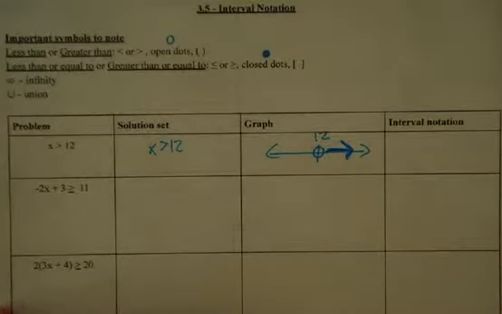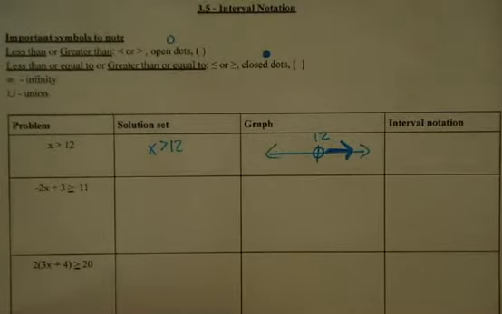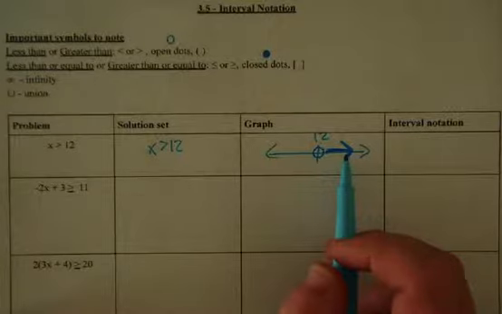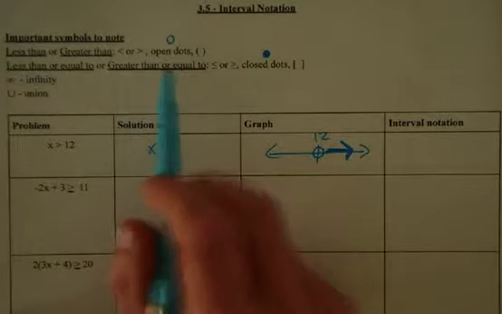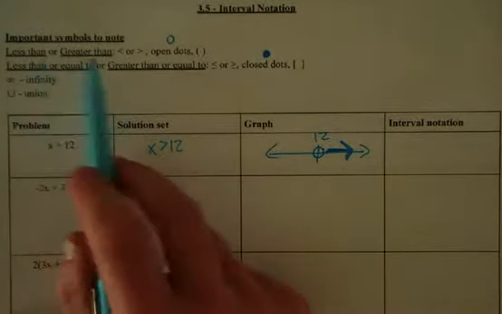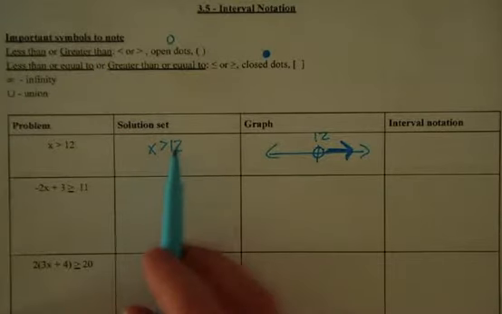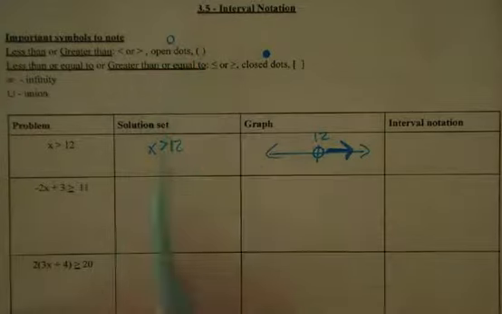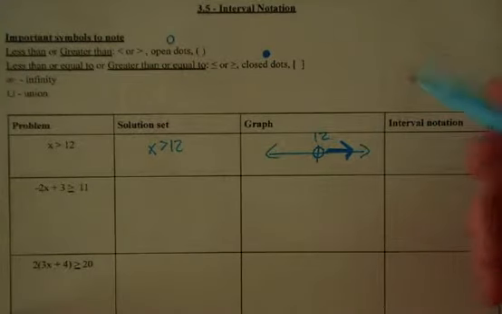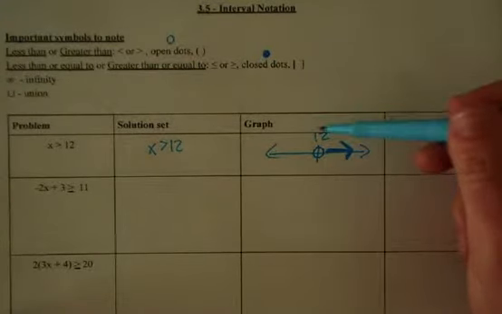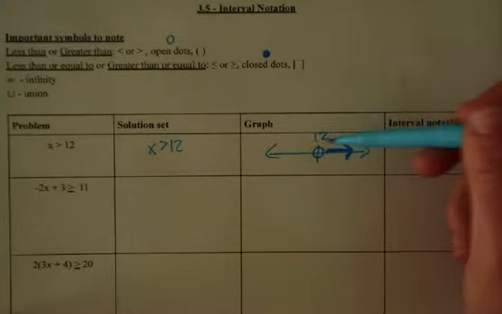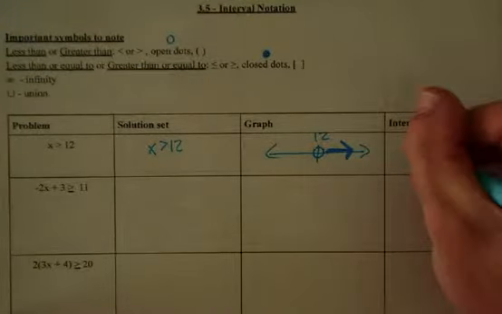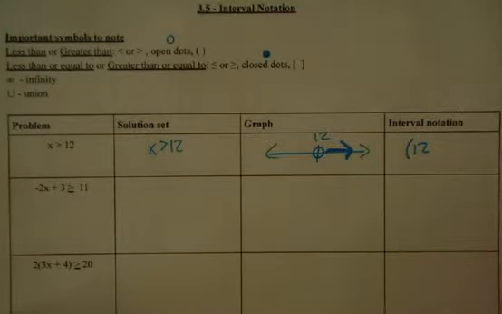Now let's learn about interval notation. If it is less than or greater than, like x is greater than 12, we're going to use parentheses. Because 12 is the lowest value, with everything greater than 12, on the left we're going to have a parenthesis and we're going to write 12.